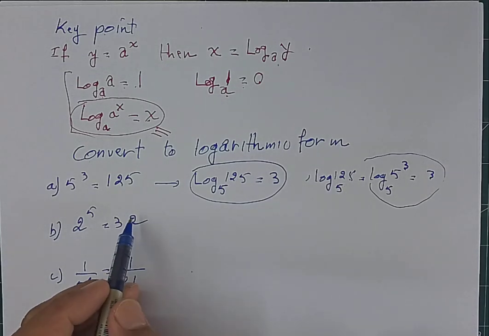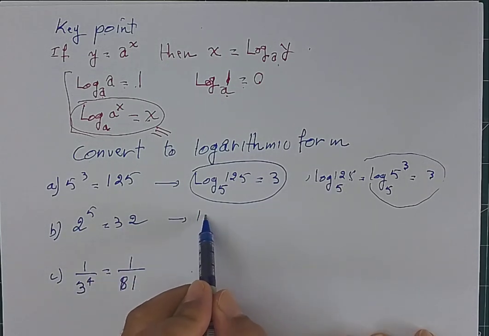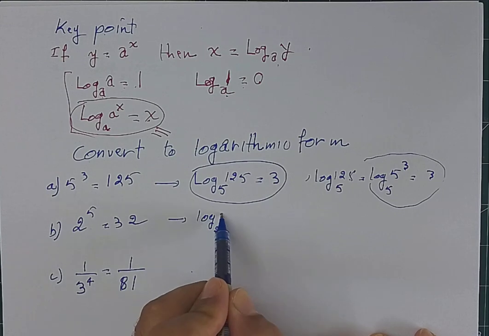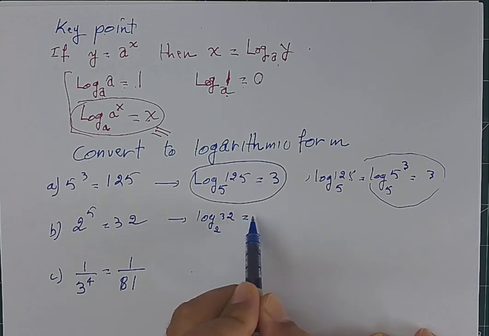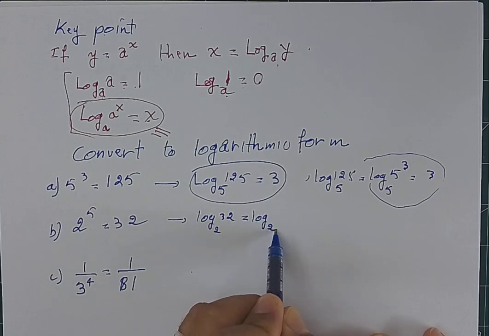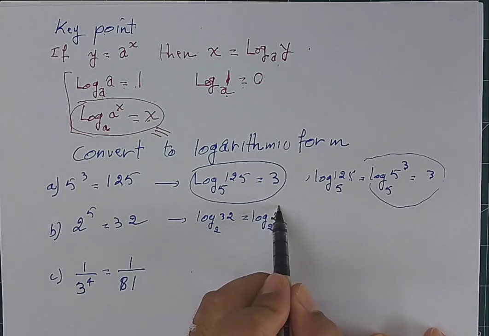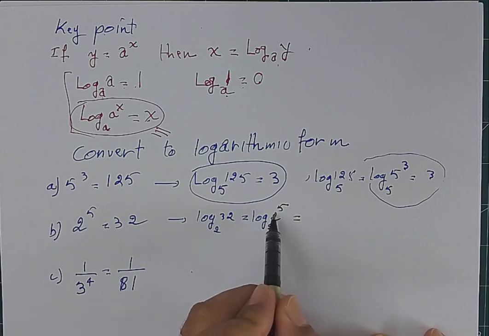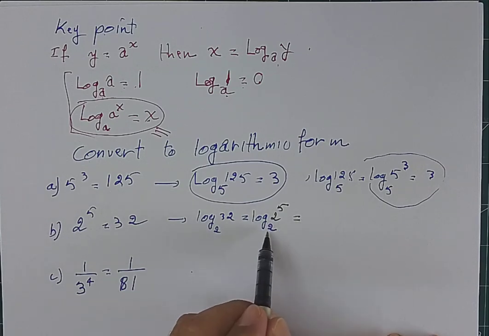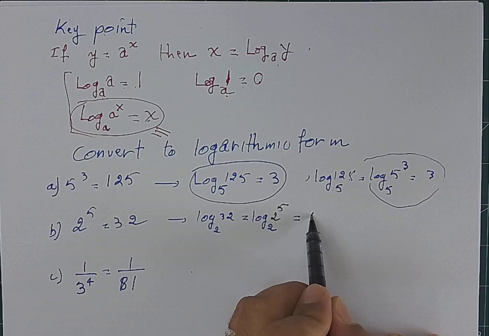So the same thing here, I can write log 2 of 32 equal log 2 with, instead of writing 32, I write 2 to the power 5. So here it is easy to conclude that the value of this quantity equals 5.